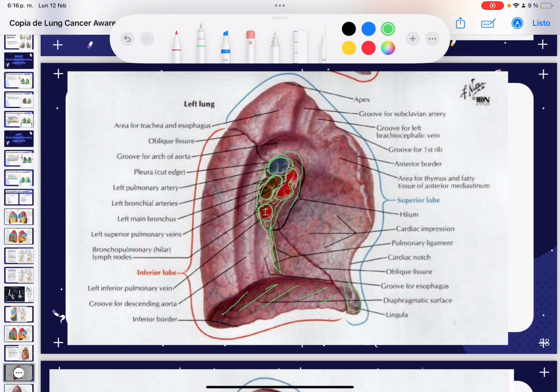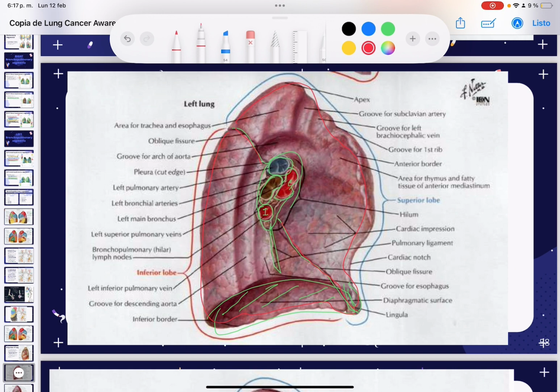lingula, inferior border, we have the oblique fissure, we have superior lobe, and inferior lobe, divided by the oblique fissure.